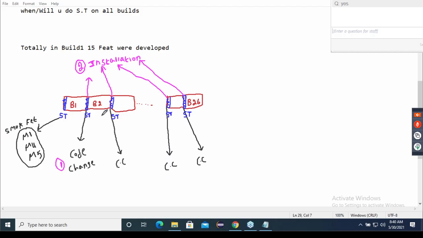And as a test engineer, I cannot know whether the reason is code changes or installation, because my job is just to find bugs. The reason for the bug, I don't care. So can I say, because every time we install the new build we have to do one round of smoke testing? Is that also correct?